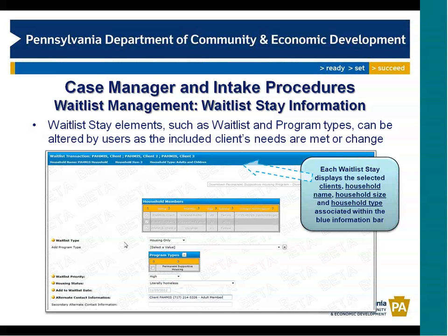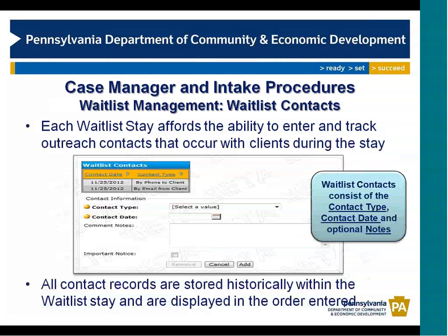It's almost like a living record. Say they have two service needs and you meet one of them: you can come in here, delete the program type, change the waitlist type, and change the record to meet the dynamic needs of those clients.